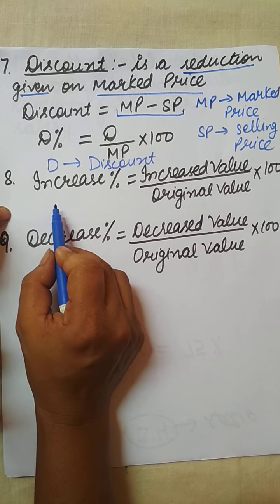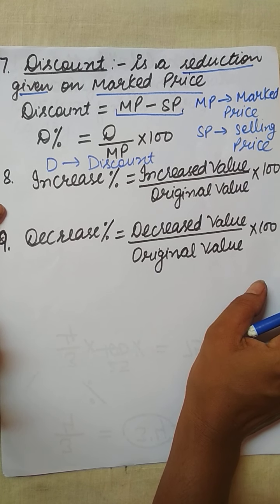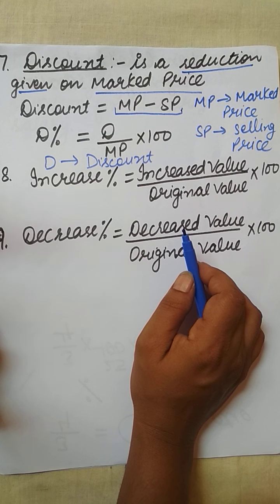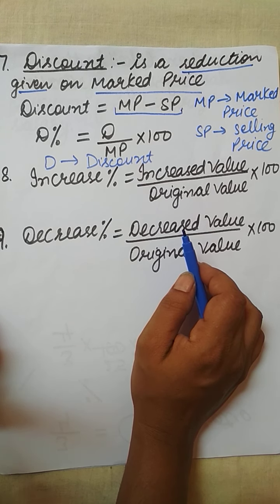Next formula is for increase percent. Increase and decrease percent are the values increased. Suppose I am taking the example that I have bought a plot. After a few years, the price of the plot will be increased. What is the increase percent?